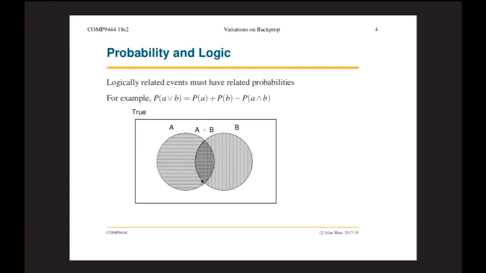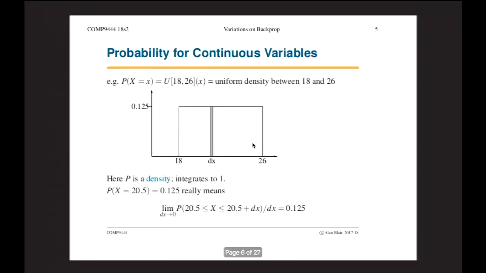So it would be this area here divided by that area there. So the probability of A given B is the probability of A and B divided by the probability of B. So we see it here as a Venn diagram.